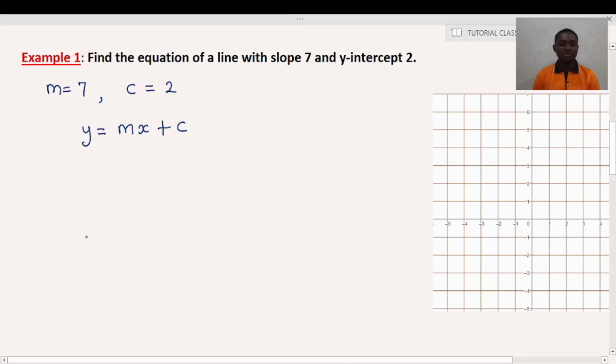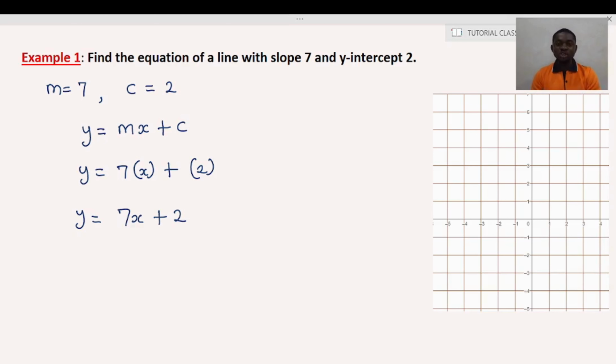So we have y equals 7 times x plus 2. Therefore, the equation of the line becomes y = 7x plus 2. That is the equation of the line that has the properties given to us here.